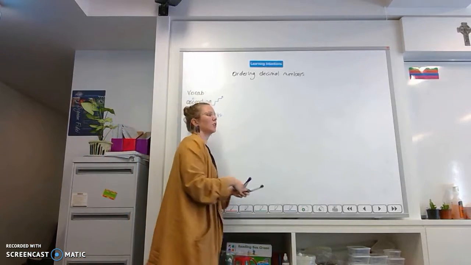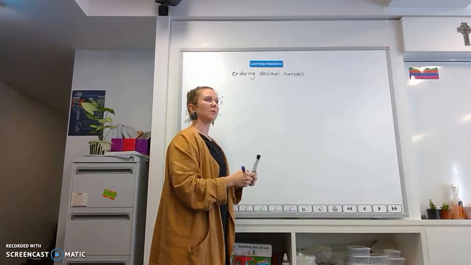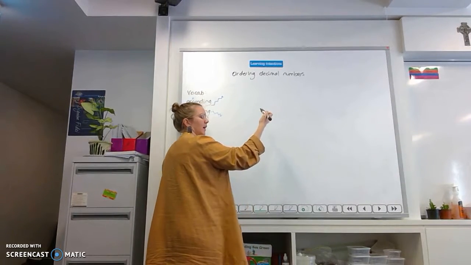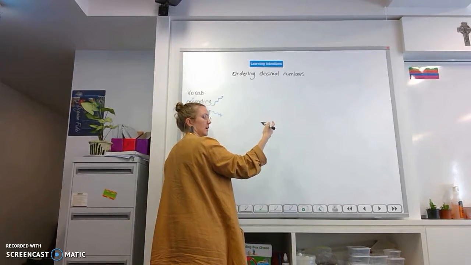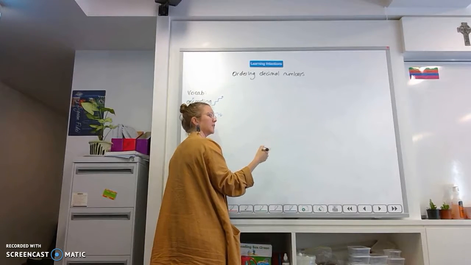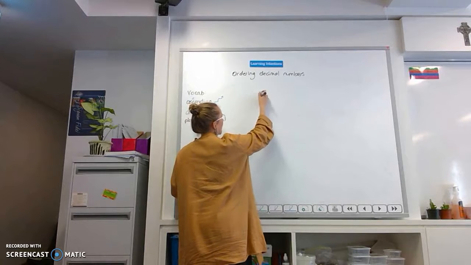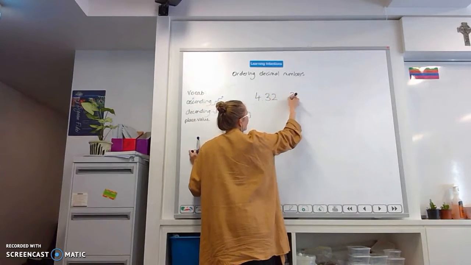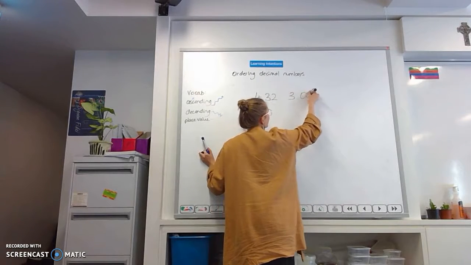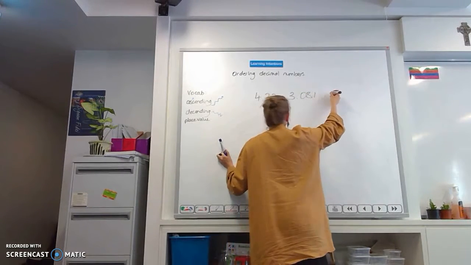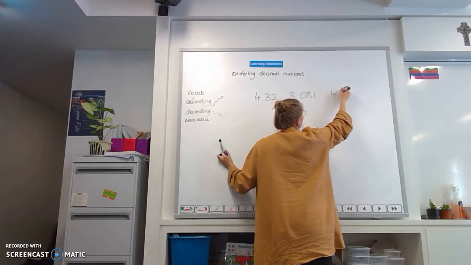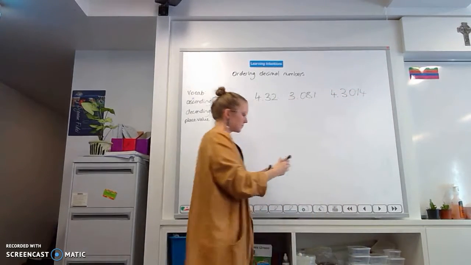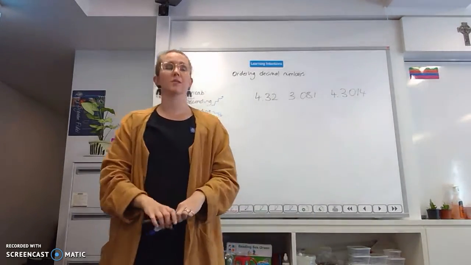A type of question that would be related to this would be: order these decimals from smallest to largest, or put these in ascending order. Now I've only given you 3 decimals there.